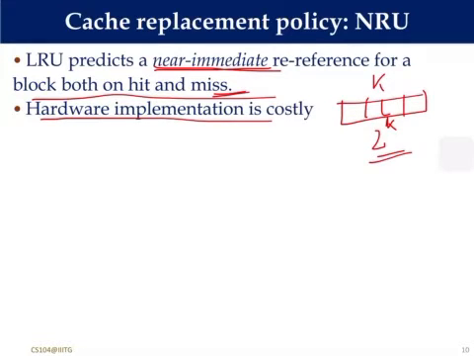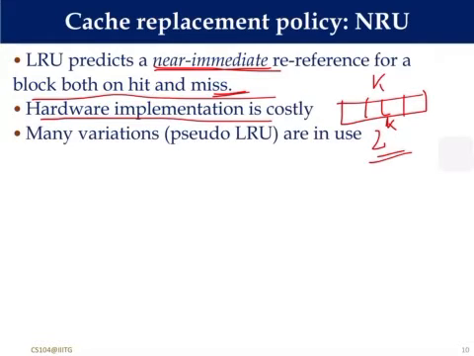As a result, many variations of LRU are coming up, and they are called pseudo LRU. You can see a lot of variations of LRU if you go through the Wikipedia page, or other better implementations of LRU.